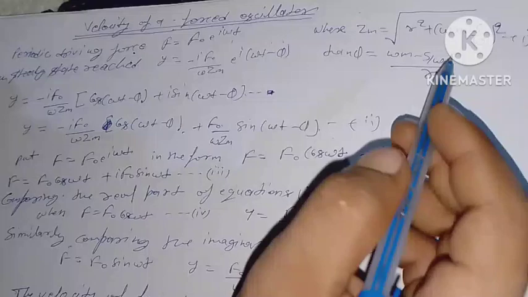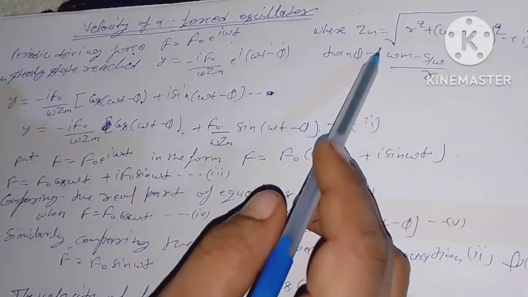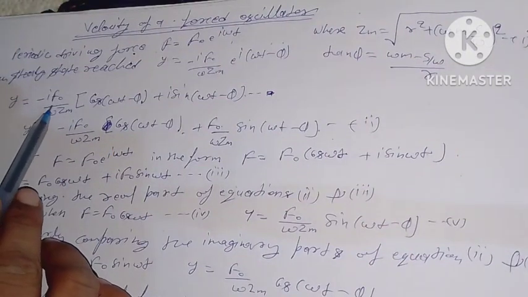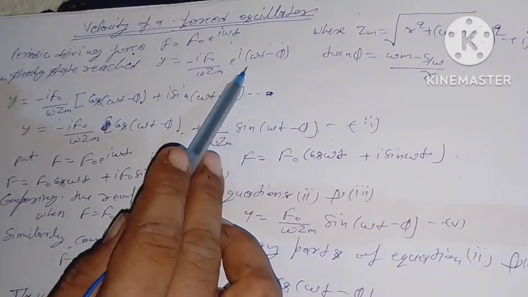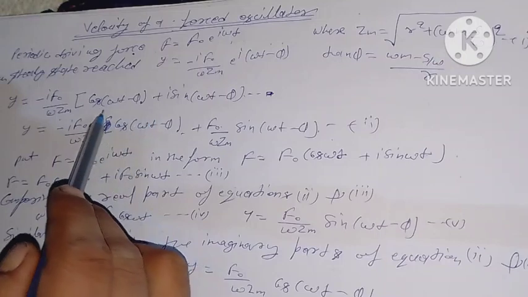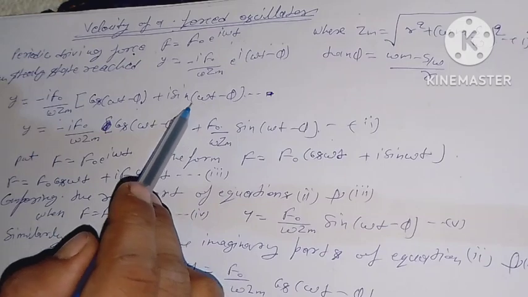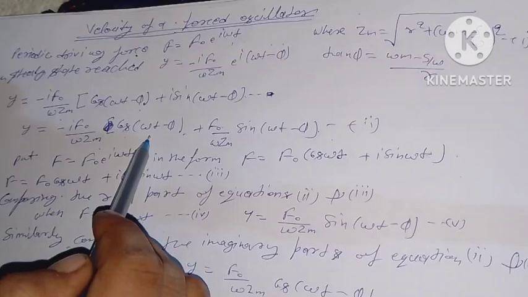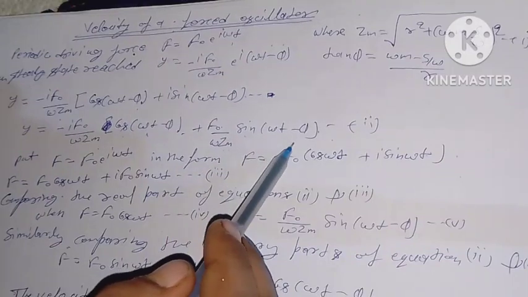Equation number first can be put in the form: y equal to minus i F naught upon omega Zm e to the power i omega t minus phi, which is cos omega t minus phi plus i sin omega t minus phi. Then y equal to minus i F naught upon omega Zm cos omega t minus phi plus F naught upon omega Zm sin omega t minus phi.